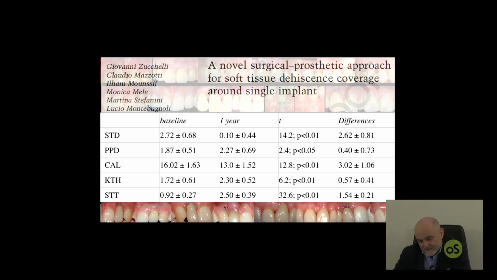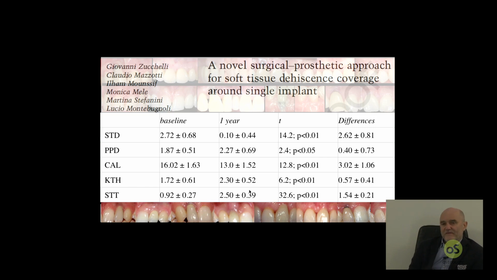And the first positive outcome of this study that I can share with you is the 1-year soft tissue thickness. After the therapy, we started with a mean thickness of 0.9, which obviously was not enough, and we ended with a mean value in soft tissue thickness of 2.5.